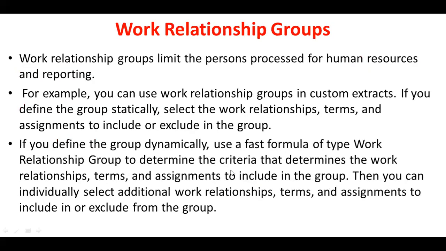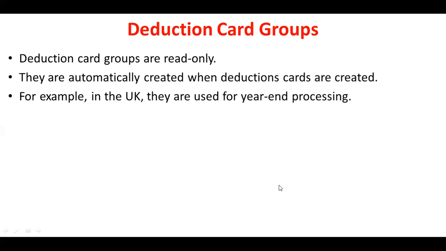Work relationship groups are mainly used when we are working in HCM extracts, especially custom extracts. When we develop the extracts, we use work relationship groups. And when we are working with deduction cards, we know that when running the payroll there will be earnings and deductions.